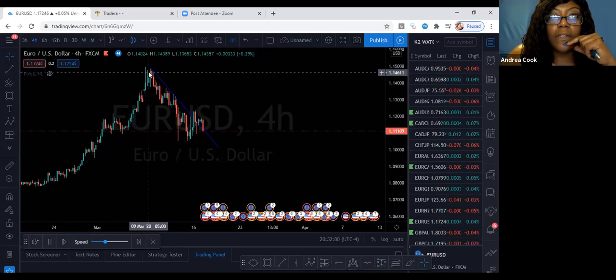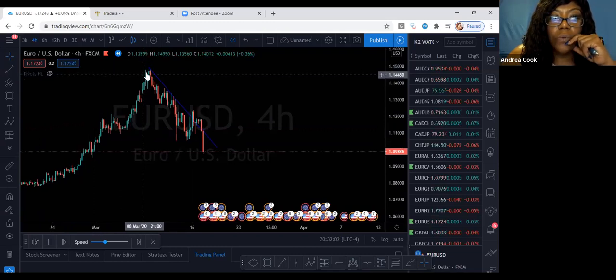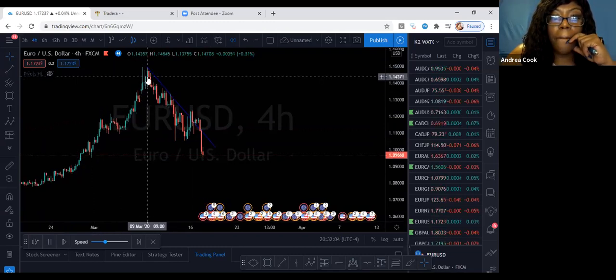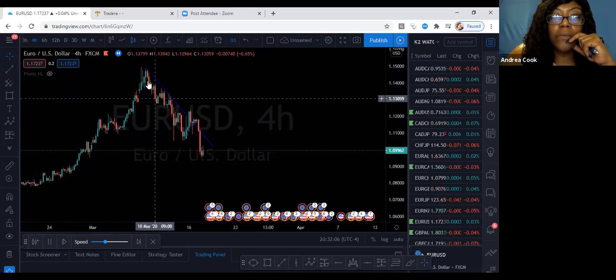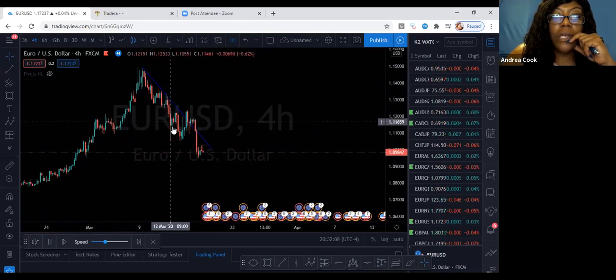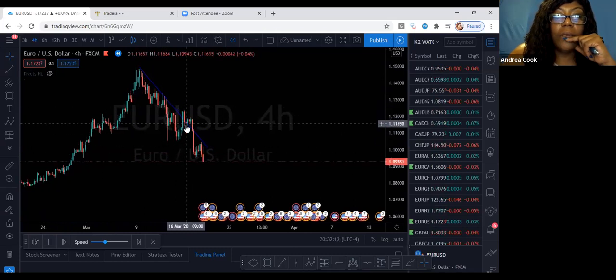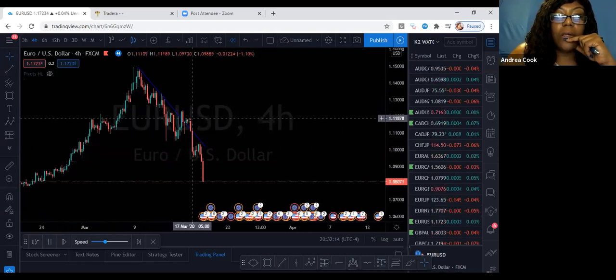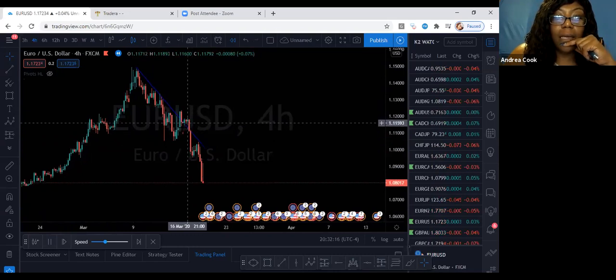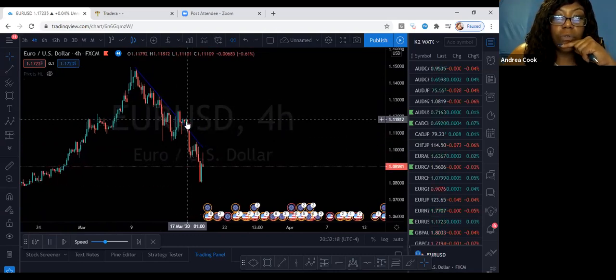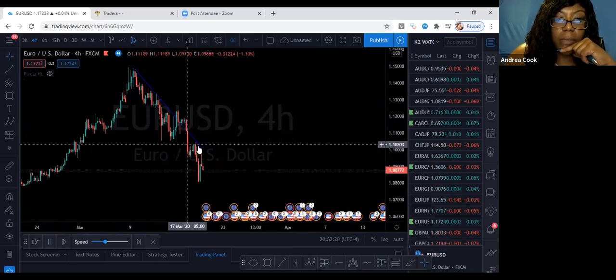Now, I got in at the top of this move on a sale, right? Let's say I was in the sale. You see how price came down here? It went up, it came down, it retested, but it came back down. With these little small candles, you see it took this big candle to bust back down.